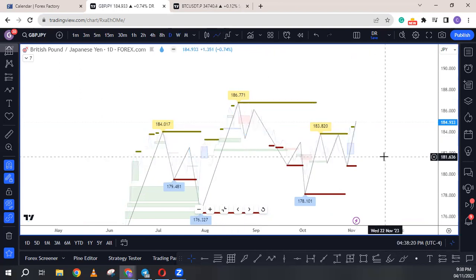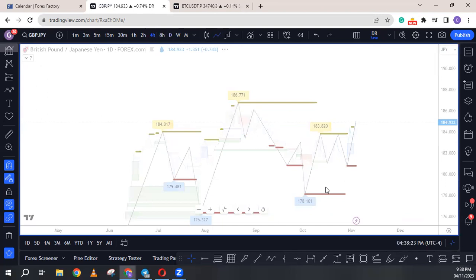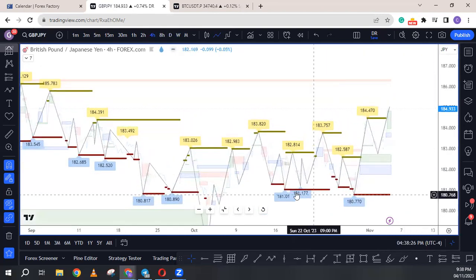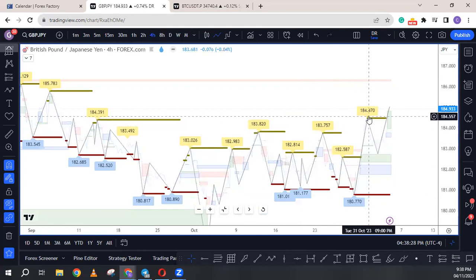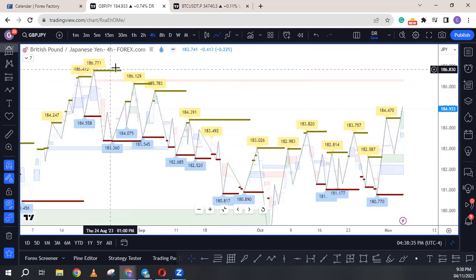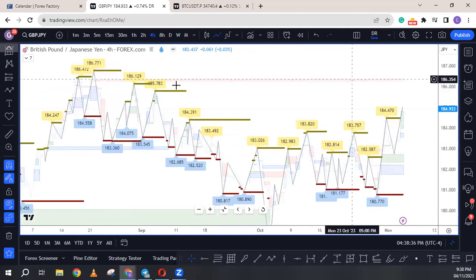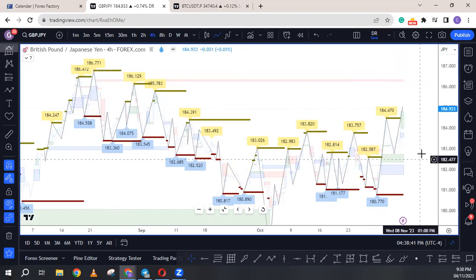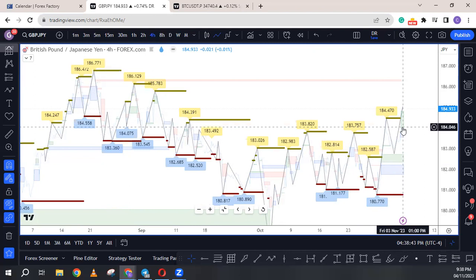If I drop to the 4-hour time frame, you can basically see after sweeping this level, price rallied, broke this high, and is making a new high. So most definitely it's coming for this fair value gap here before here. So for this pair, any retracement will serve as an opportunity for a long.